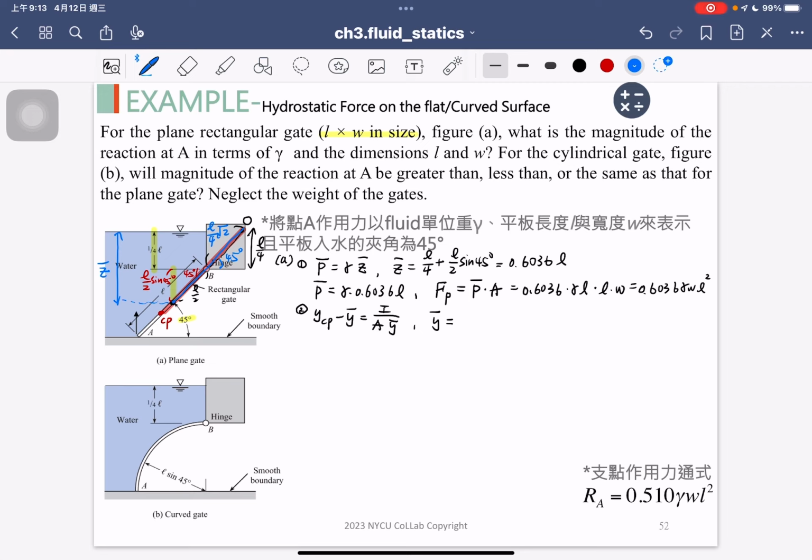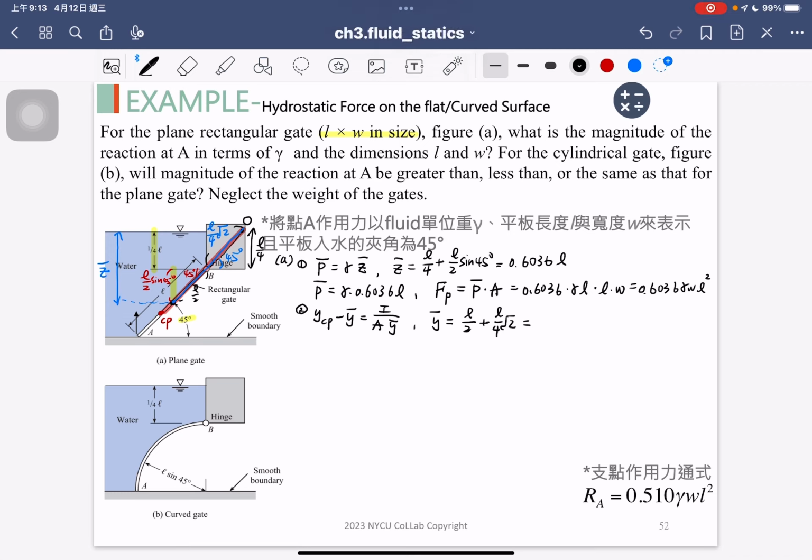Okay? So what is the Y bar? The Y bar length is 2 over L. The 2 over L is here. And the length in here is 2 over L multiplied by root 2. So the 2 over L plus the 4 over L root 2. So you can compute how large the Y bar is.